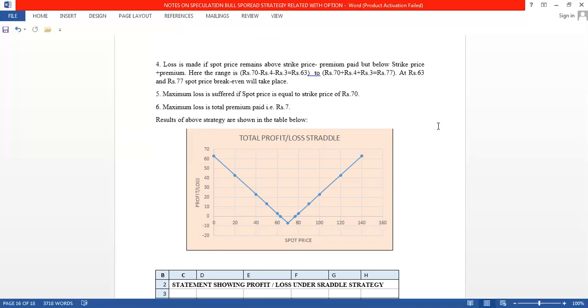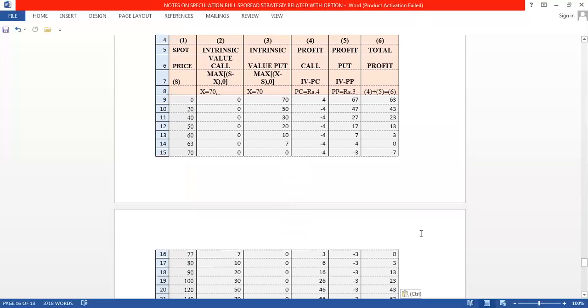And most interesting point is the profit is unlimited, but the loss is very limited. Under no circumstances will the loss exceed 7. And this maximum loss is occurring if the spot price and strike price are equal. The table is also confirming it.